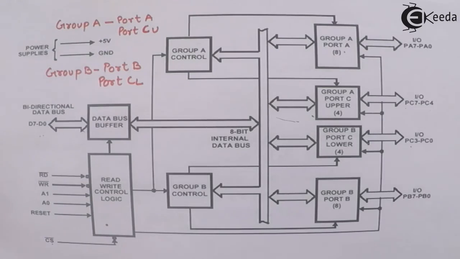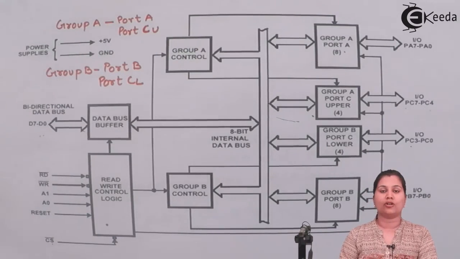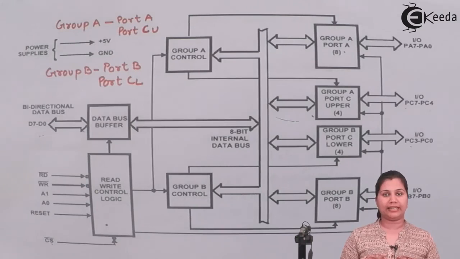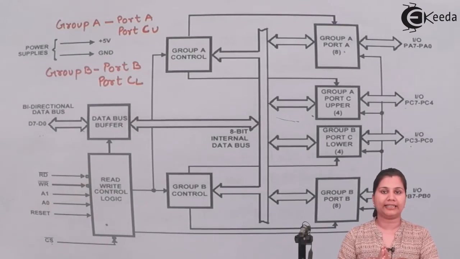So in this video we studied the programmable peripheral interface 8255. This 8255 acts as a peripheral device, an interface between the microprocessor and some of the input output devices. Whenever the microprocessor wants to communicate with an input output device, this 8255 is connected in between, so it acts as a programmable peripheral interface.